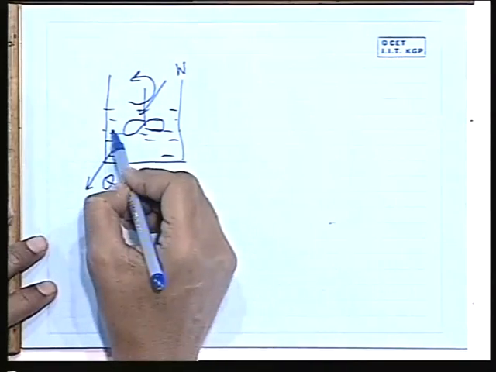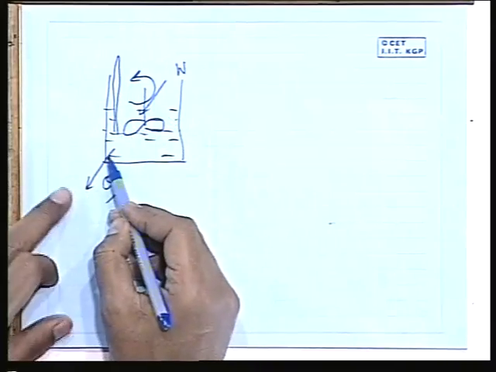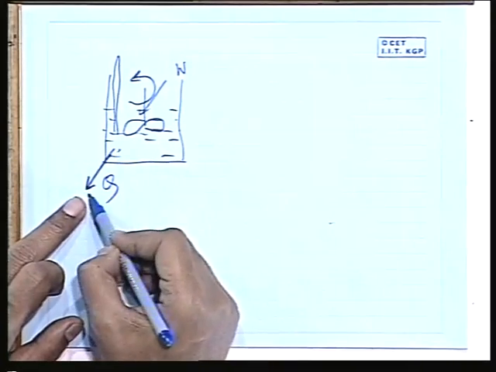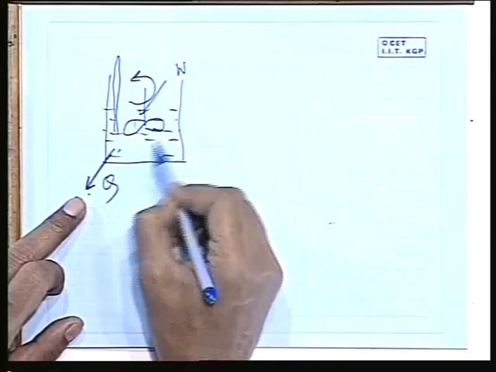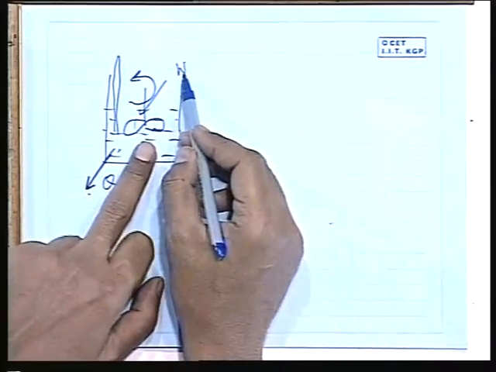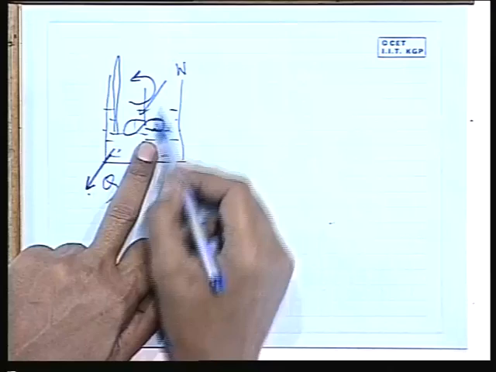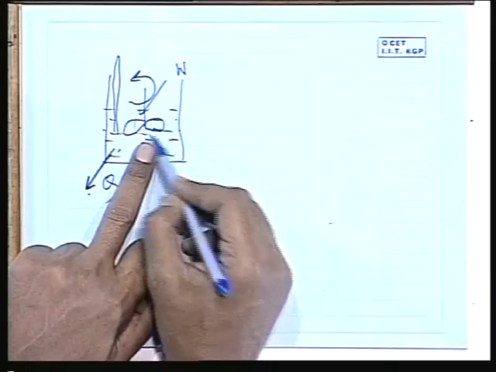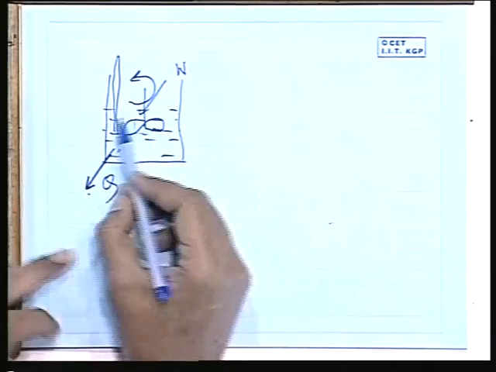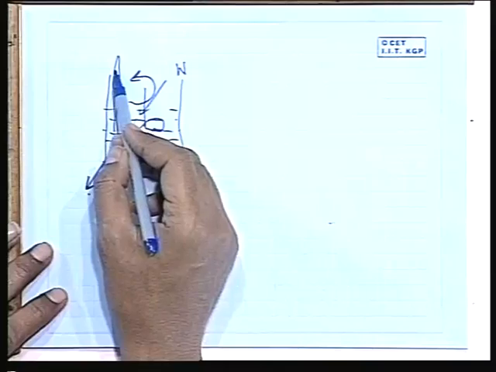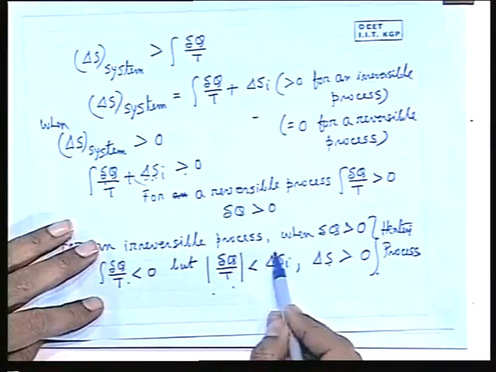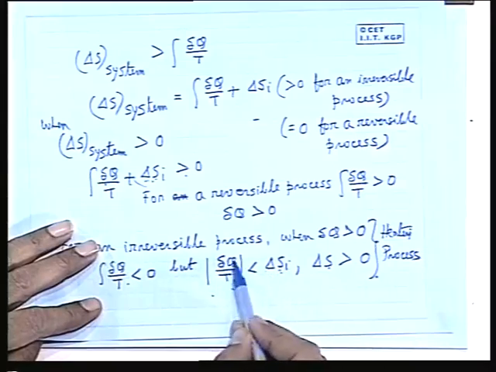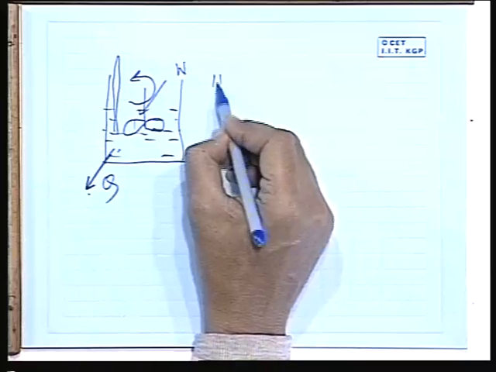Now it may so happen, if you put a thermometer, that depending upon the rate of heat extraction and the rate of work done, or the internal irreversibility, it does not depend only on the work, but on the dissipation. That means the fluid viscosity is such that dissipation is more, that the fluid is heated. When this exists, that means the internal entropy change due to internal irreversibilities is more than the magnitude of this, then the ultimate effect is the heating of the system.